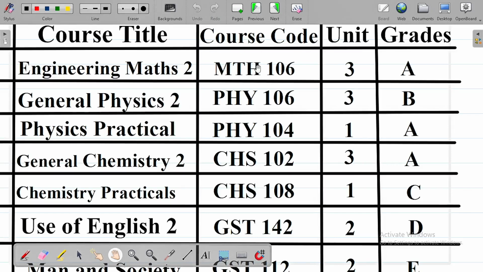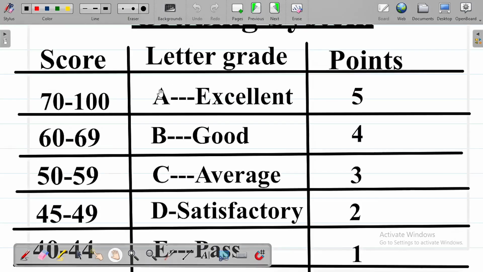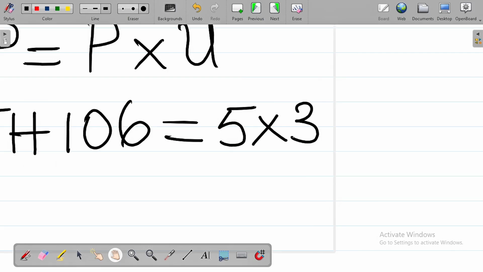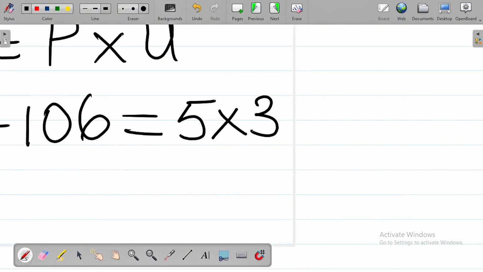Engineering Maths 2, MTH 106, it is a 3-unit course, and the student has A. From 70 to 100 marks is A, and A is 5 points. So we have 5 multiplied by, the unit is 3, so we have 5 multiplied by 3. Five multiplied by 3 is 15.